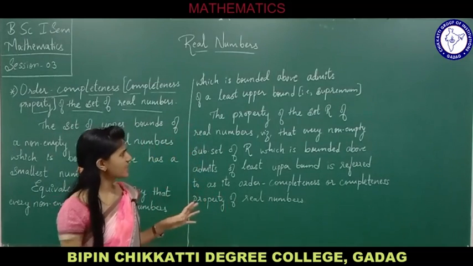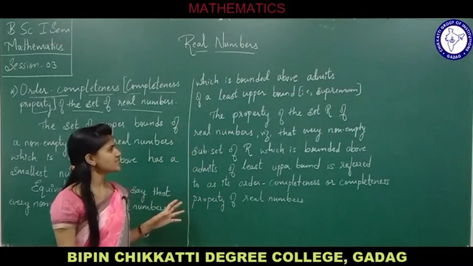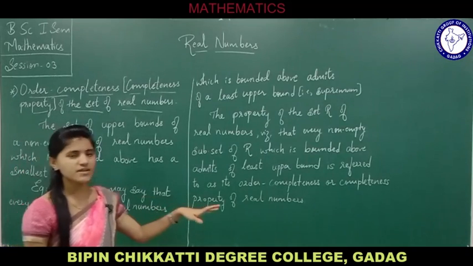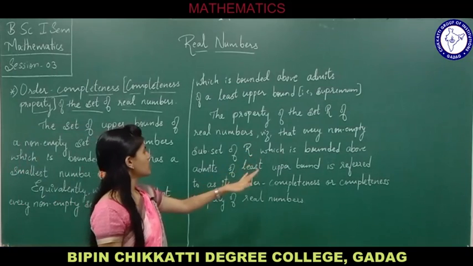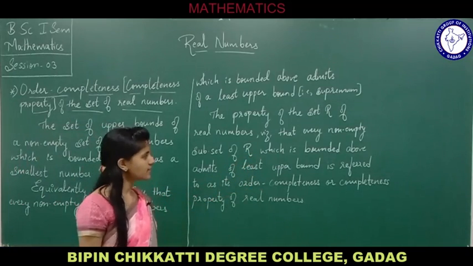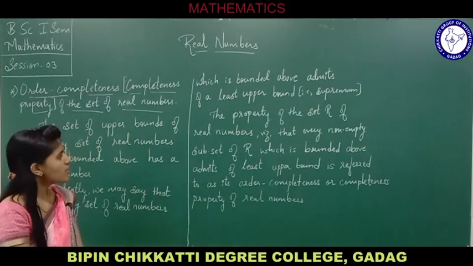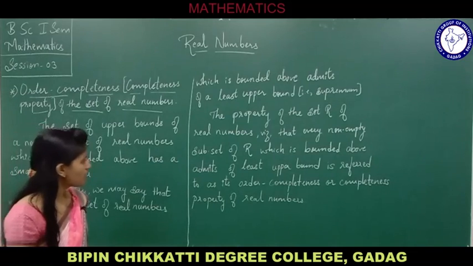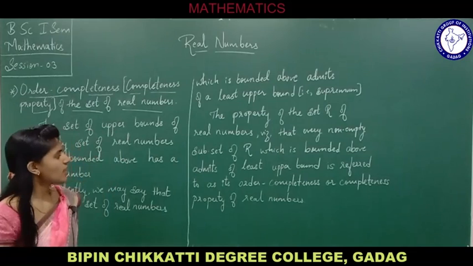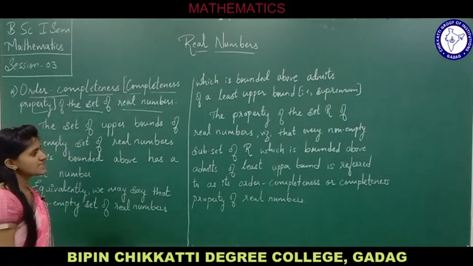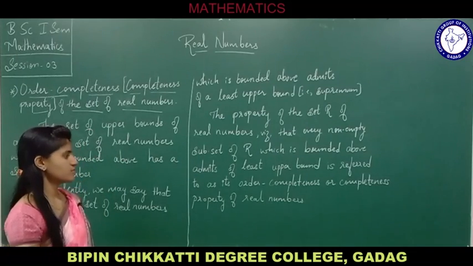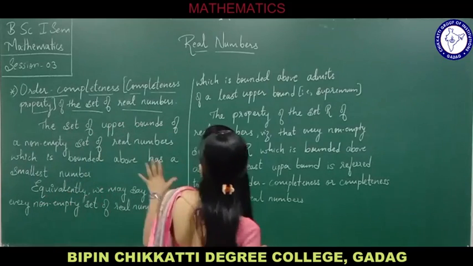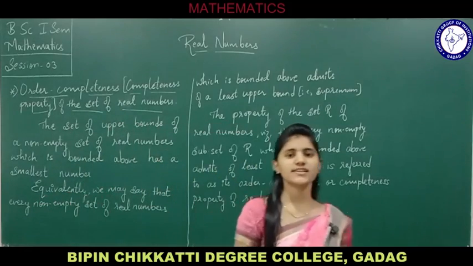Or else we can say that the property of the set R of real numbers, that every non-empty subset of R which is bounded above admits a least upper bound, is referred to as order completeness or the completeness property of real numbers. These are the definitions of order completeness of real numbers.